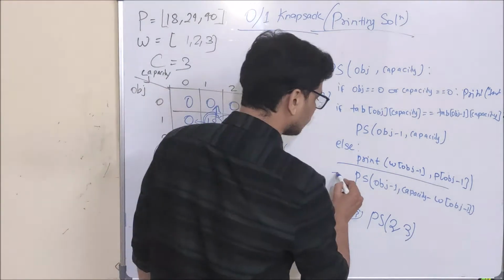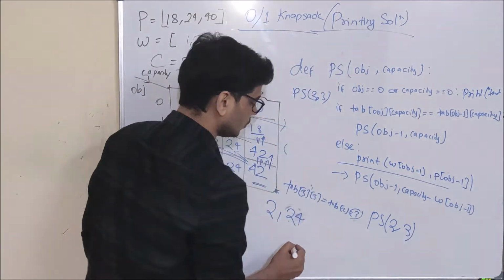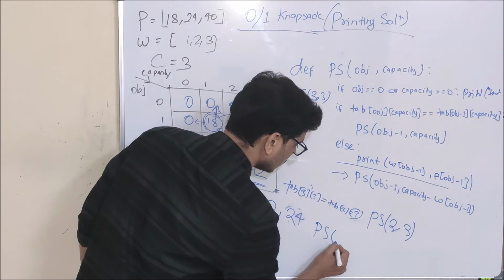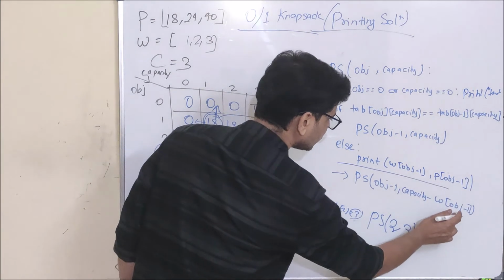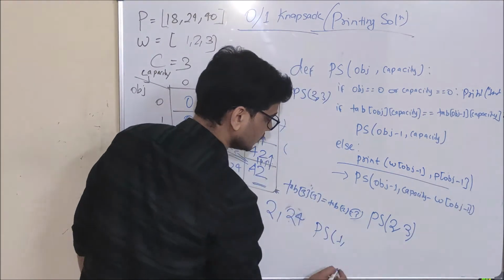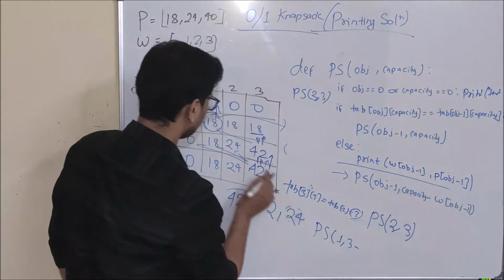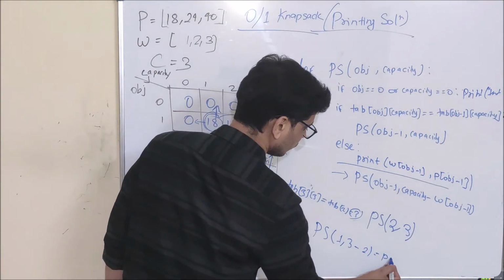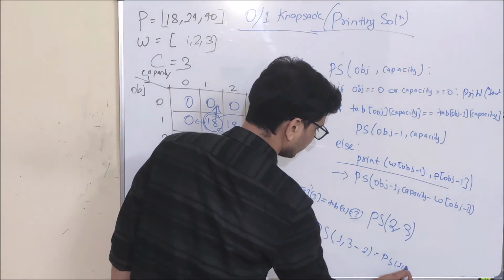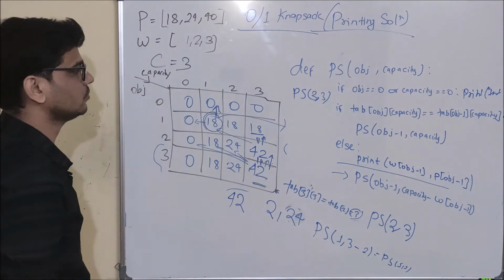After that, what are we going to do? We are going to make a function call to PS of obj minus 1. Obj is 2, so it will be 1, and capacity minus the object weight. So 3 minus 2, that is, we are going to make a call to PS of 1 comma 1. After that, what is going to happen?